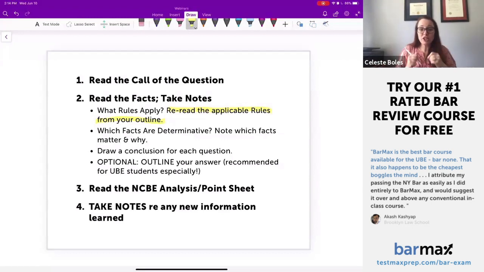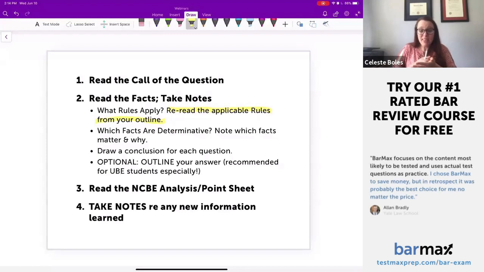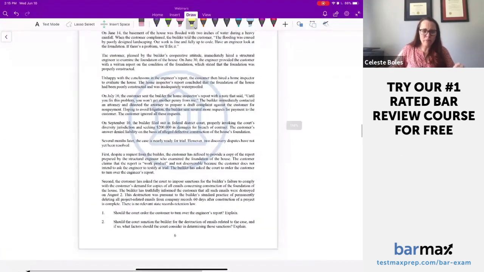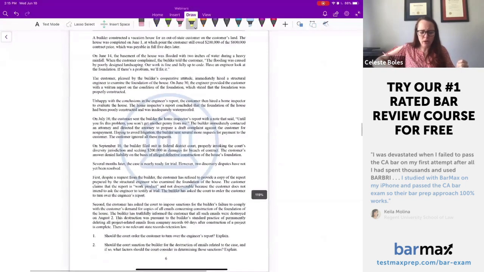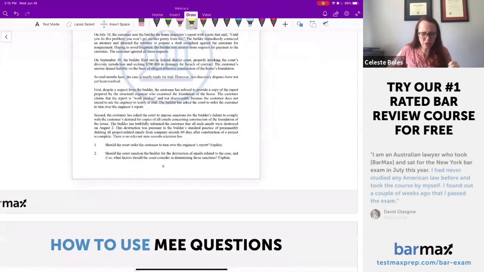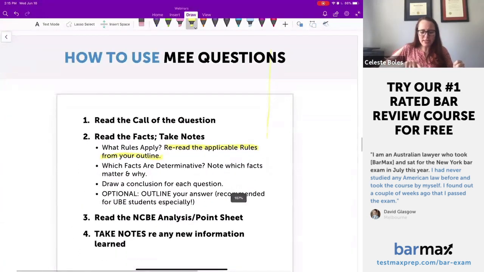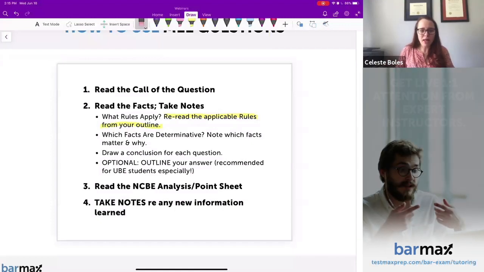You're using this question to learn and reinforce the material in the outline. I want you to think about these questions as your BarMax school hypotheticals. These are the hypothetical questions that you need to wrestle through with the rules in hand in order to really understand how the law applies.